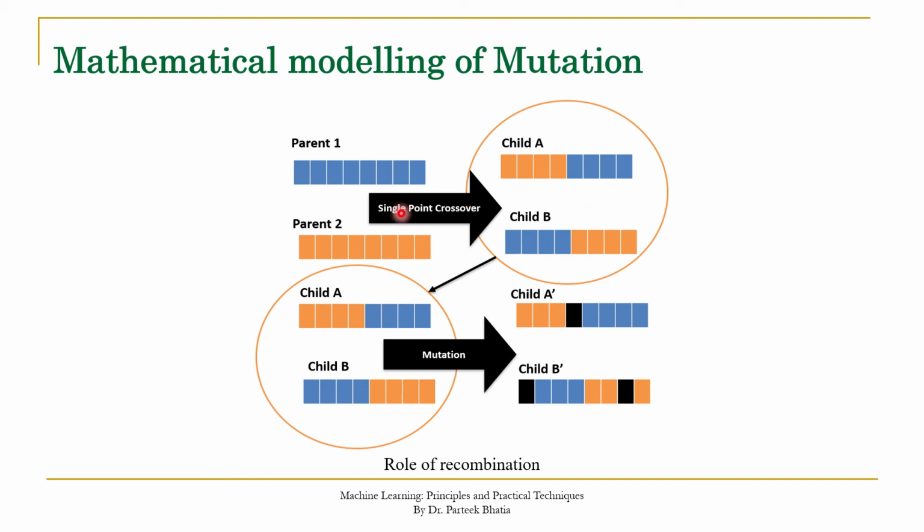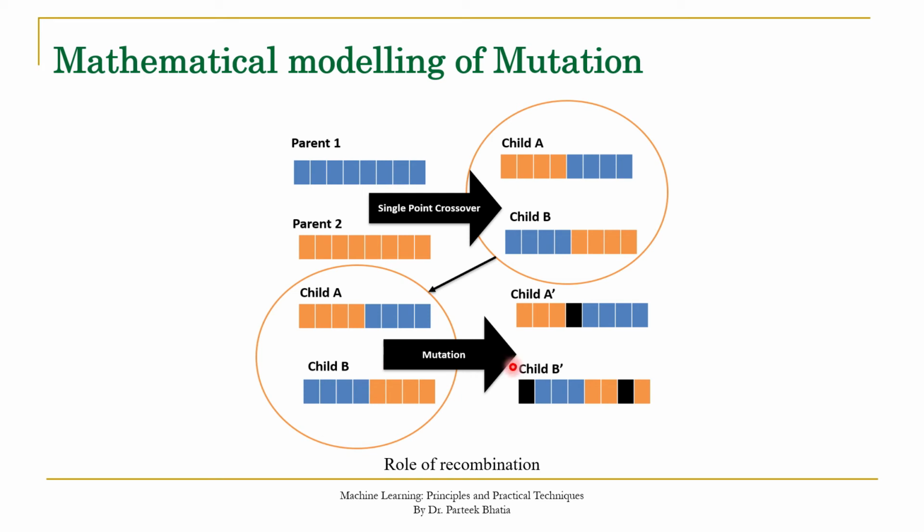We already know that the parents are selected through the process of natural selection, which is implemented with the help of the roulette wheel. Then we have single point or multi-point crossover. After getting the crossover, we have a probability of crossover which decides whether the child or the parent will pass to the next generation. Let's suppose in this case, the child gets the chance to pass to the next generation.